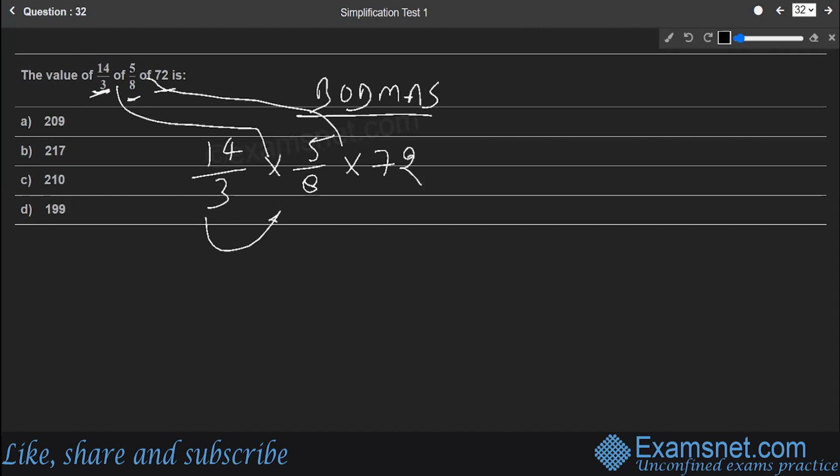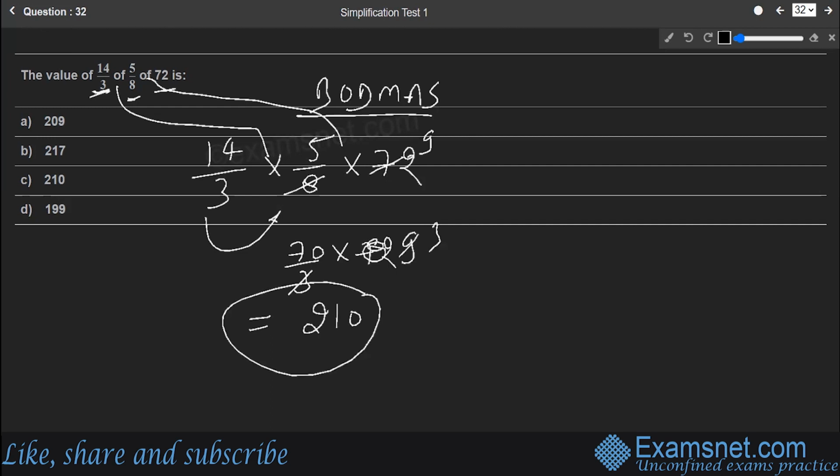If we solve this further, how much does this come out to be? See, this can be cut down like that. 8 can cut 72 by 9, and then we are left with 70 by 3 into 9. So 3 3s are 9, and it ultimately comes out to be 210. So where is it available? It is available in option number C and becomes the right answer.